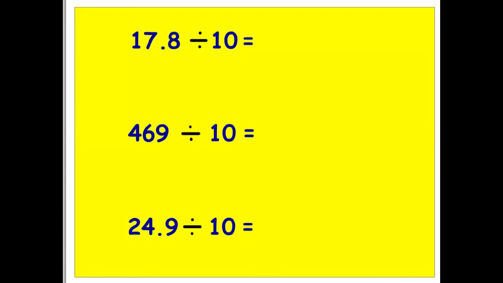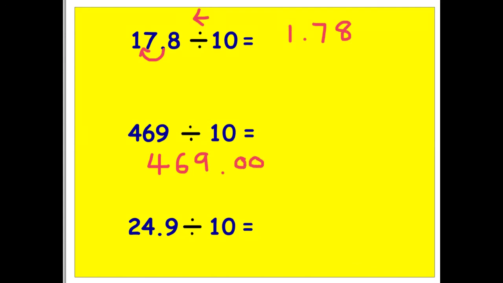Right, let's do these three together. Our first question, again, decimal point's going left for division, and it's going left once, give me an answer of 1.78. Second question, 469 divided by 10. 469 just means 469.0000, and the zeros go on forever.